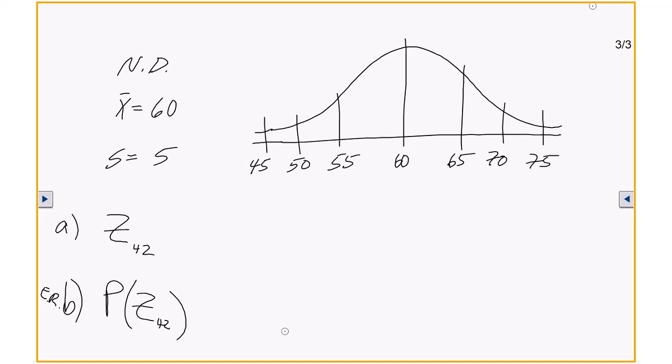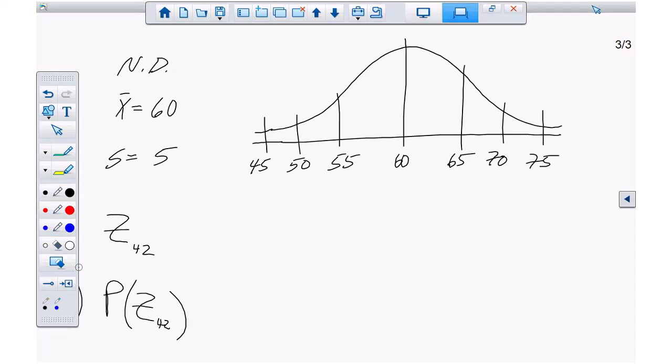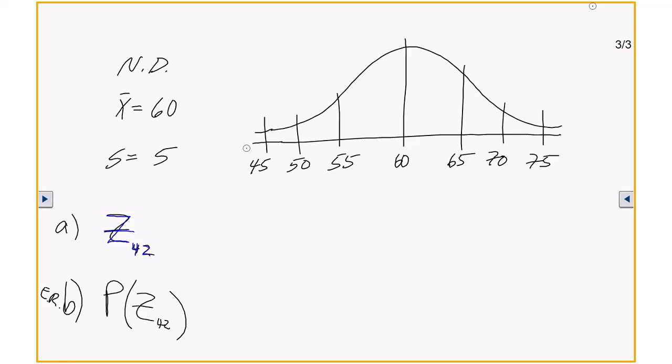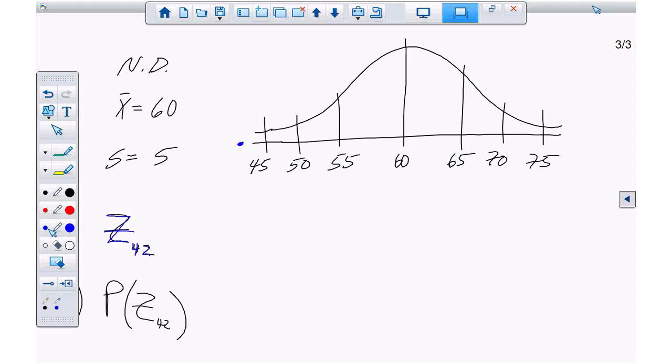First thing I'm going to do is plot 42. I'm going to take my blue marker and plot z sub 42. And 42 is going to be right there. Everybody with me?